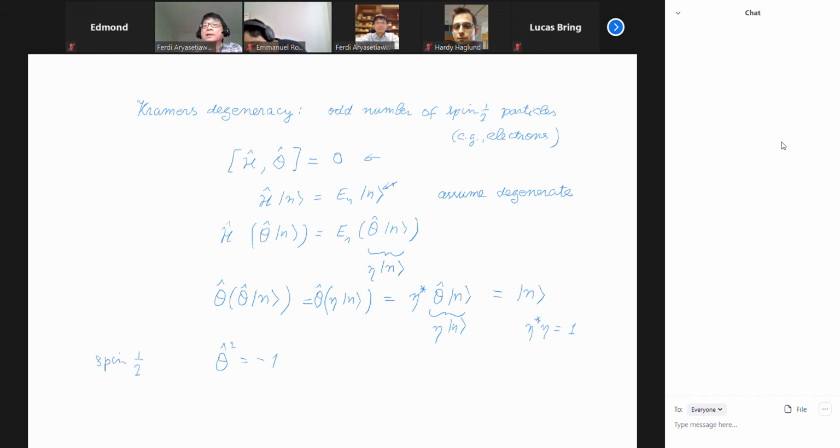So it should be -1, but it's +1 here, so that contradicts the assumption. So this implies that there should be some degeneracy.